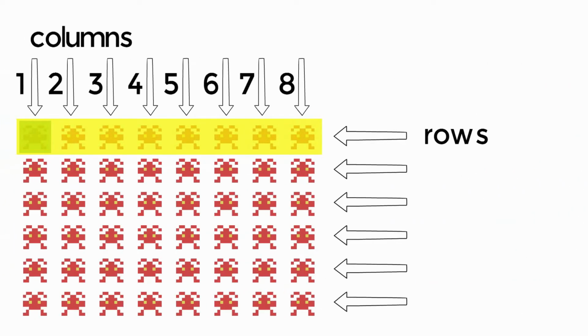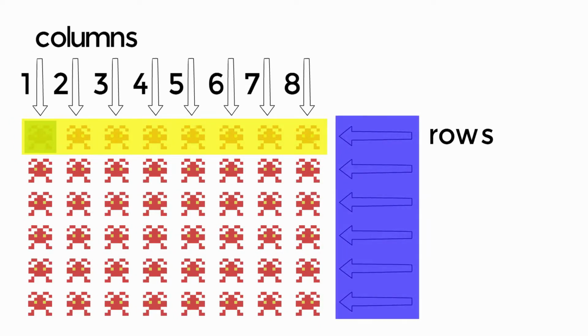So going back to our full grid of aliens then, we can see that that's really built up of a number of rows of aliens. To represent this in our software, we can use exactly the same idea that we did for the rows. In other words, we can use an array. An array simply creates a number of slots into which we can place a piece of data, and it doesn't actually matter if that piece of data happens to be an array itself.